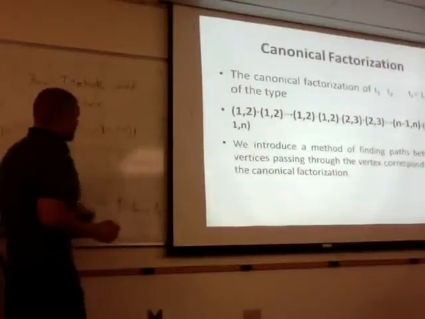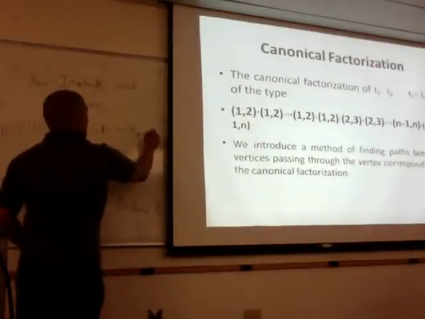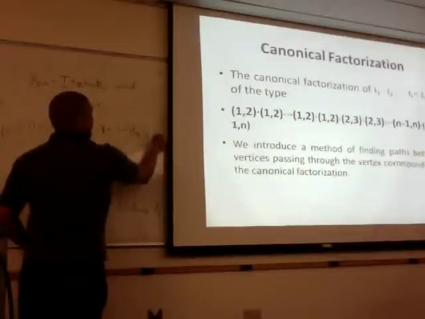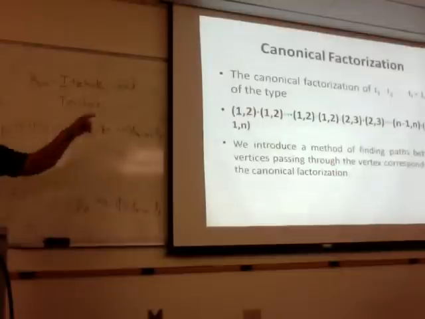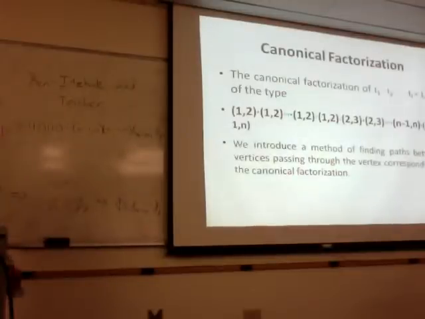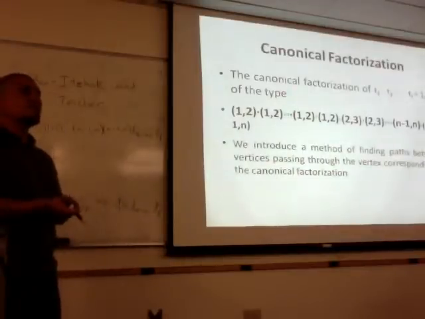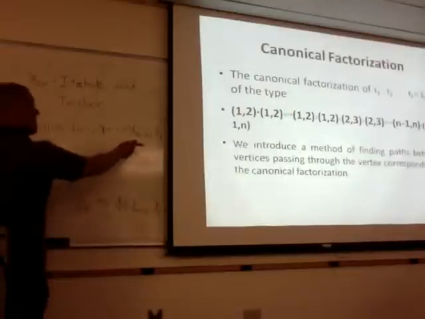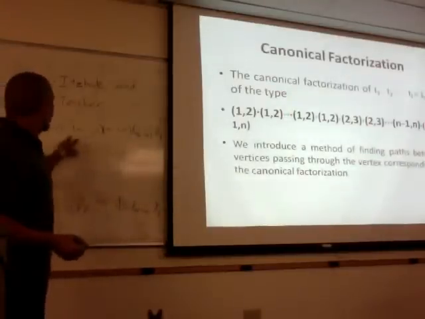Without affecting the gammas, I can change all of these into this canonical factorization. And here's the nice thing. Since these are in pairs form, there is a certain combination of Hurwitz moves that takes each pair and converts it into a 1, 2.